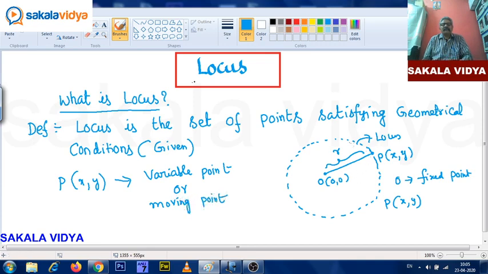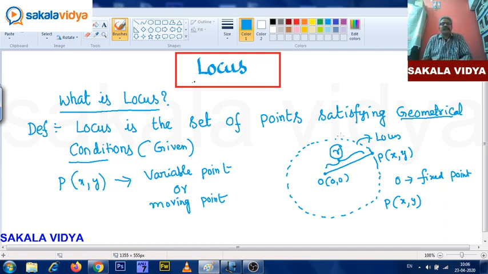For example, regarding this locus, what is the geometrical condition? The geometrical condition means the distance from 0 comma 0 to x comma y is fixed, that is constant. That means here the geometrical concept is the distance between the 2 points. Like that we can define as many loci. Total geometry itself is the locus only.